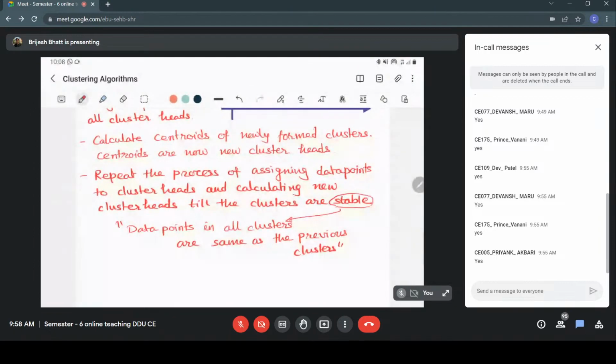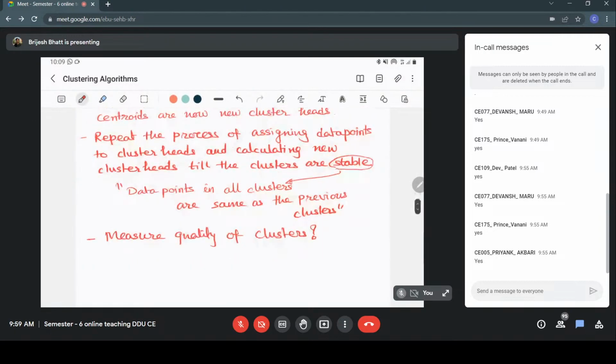And how do we know that the algorithm has performed well? So how to measure the quality of clusters? There are two measures.